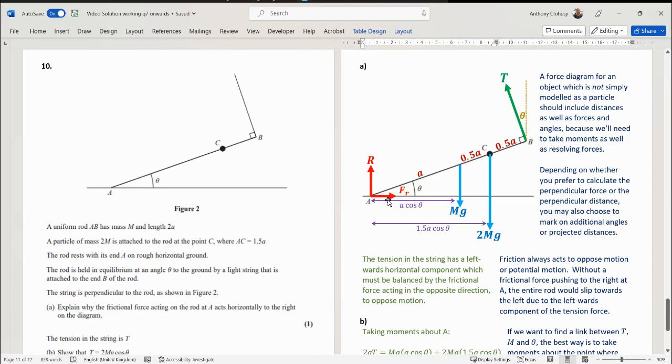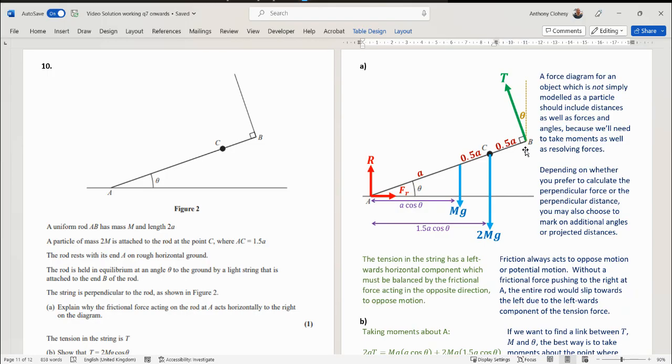And a good way to see this is to imagine what would happen if friction wasn't there. We've got these two weights pulling down. We've got a reaction pulling straight up. But the tension force, the force at B that's pulling perpendicular to the rod, is not just pulling straight upwards. It's pulling upwards mostly, by the look of things, but also slightly to the left. And that means that if there were no force acting against it to resist that leftwards motion, then this entire object will be accelerating towards the left.